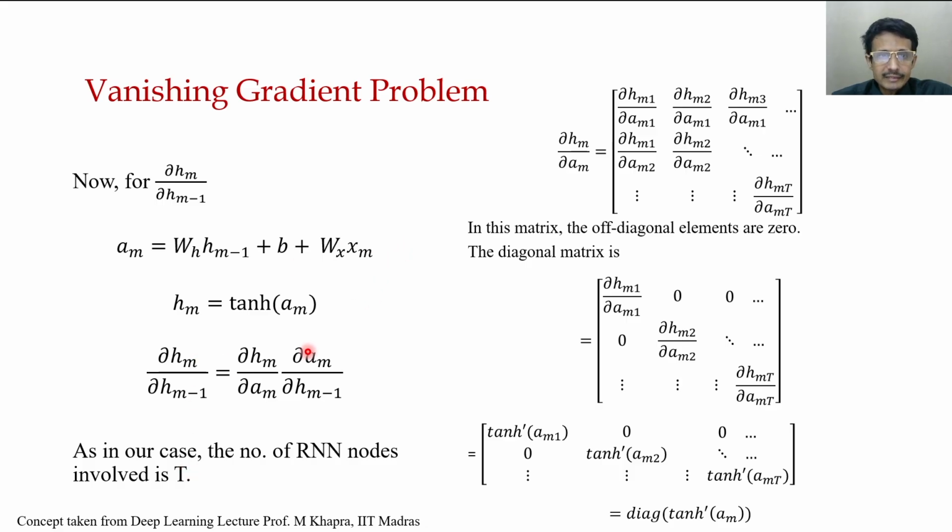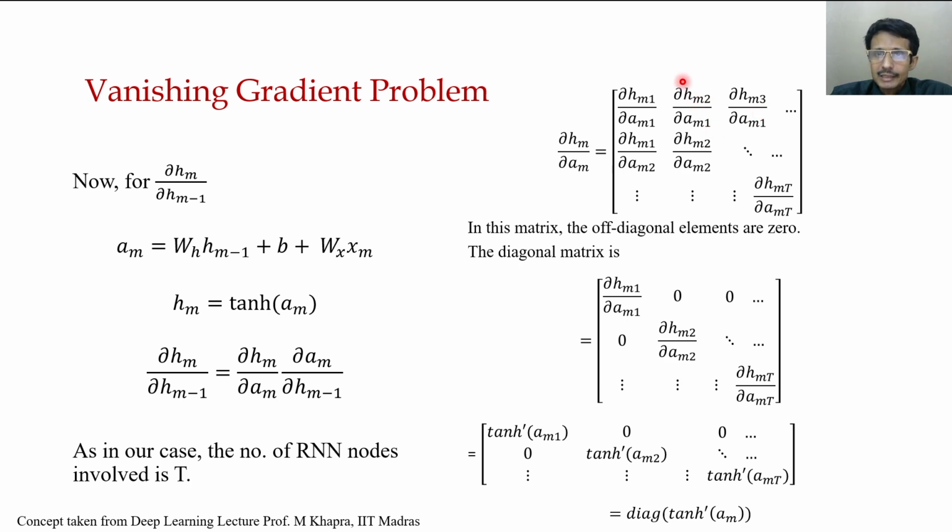So if we write this equation, del of hm by del of am is basically a matrix, and it looks like del of hm1 by del of am1, del of hm2 by del of am2, and so on.